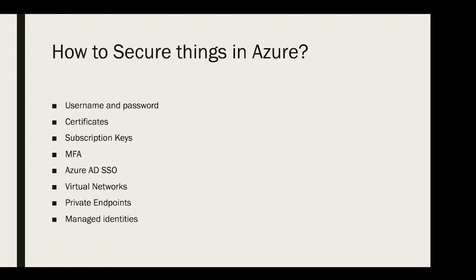And lastly, in terms of identity management, we have the managed identity option. Managed identities have system assigned managed identities and user assigned managed identities. What it does is you don't need to maintain quite a lot of keys as configuration.